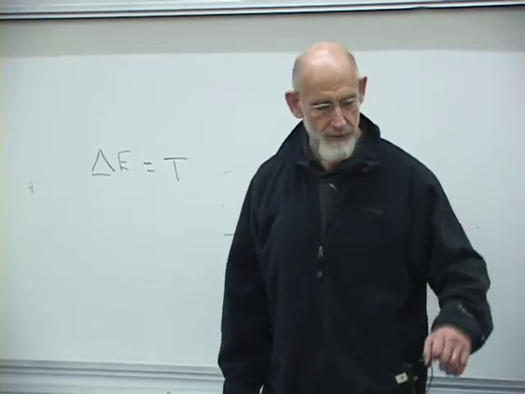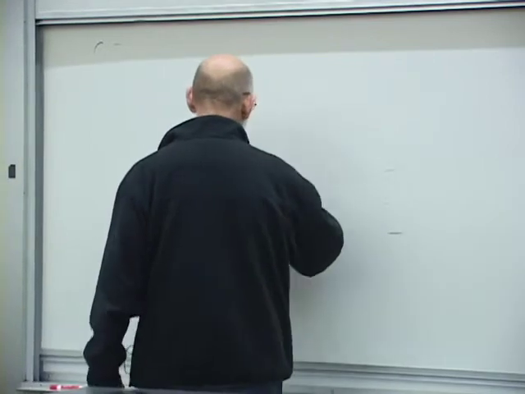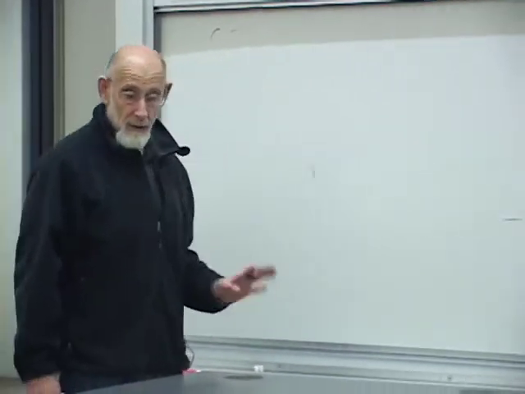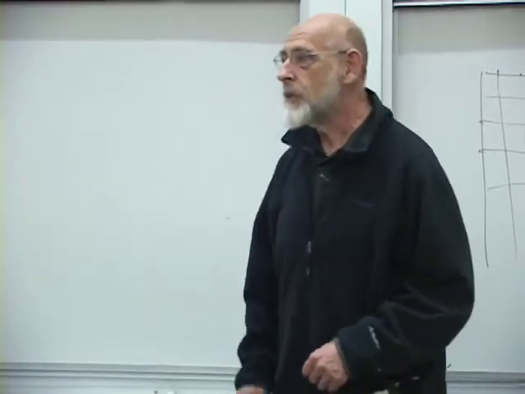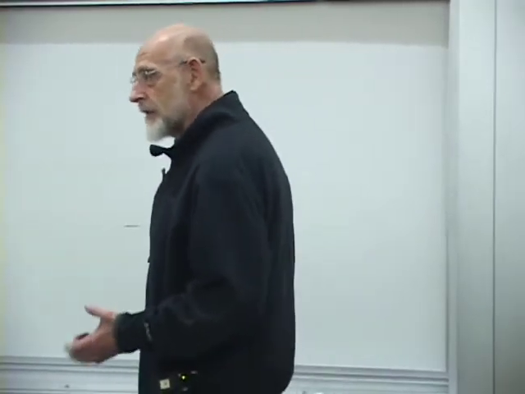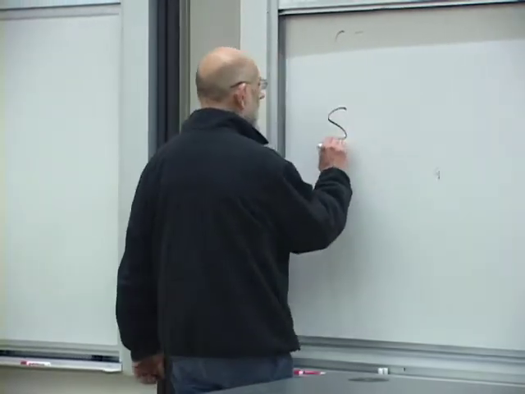Well, okay, let's slow down. Notation for entropy. We need a notation for entropy. I don't want to say entropy every time, and I don't want to write the word entropy on the blackboard in equations. We need a symbol for entropy. The standard symbol for entropy is S. S is entropy.